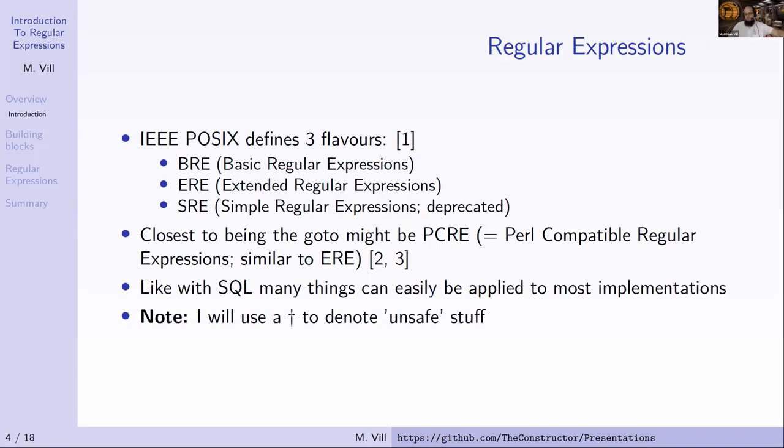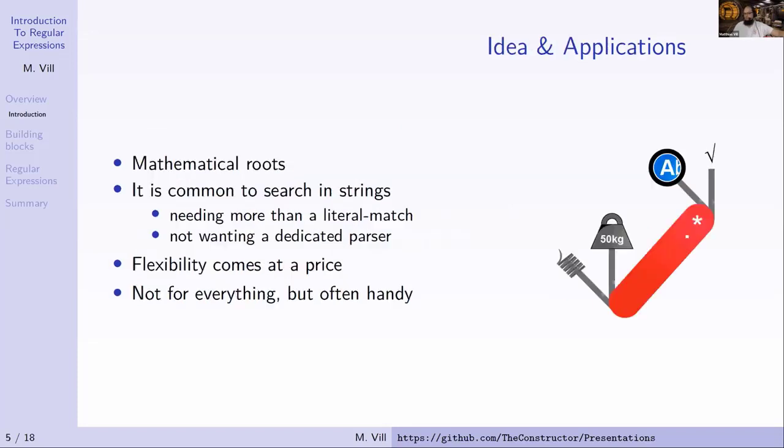Most of the stuff I will be showing you is applicable to all the regular expressions I'm currently aware of. Obviously, if you're using old versions, that might not all be implemented, but if you're using recent versions, it should all be going fine. If I know that things aren't working everywhere, I try to put this little dagger next to what I'll show you, to remind me and you that this might or might not work for your scenario.